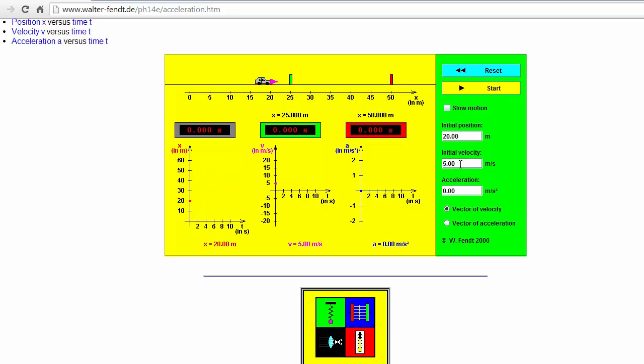Now if I have a different velocity, say we go up to 10 meters per second, all that's going to change is I'm going to have a steeper slope here, still a horizontal line here, but now it's at 10 instead of 5.